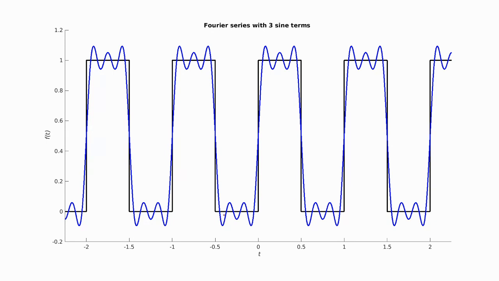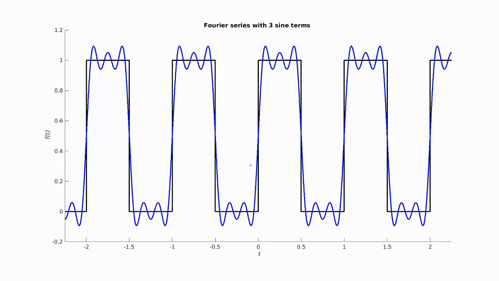In the blue color, we can see the Fourier series representation of this function where I have taken three non-zero sine terms, and we can see that with three terms we are not exactly representing the square wave, but we are kind of approaching the square wave.